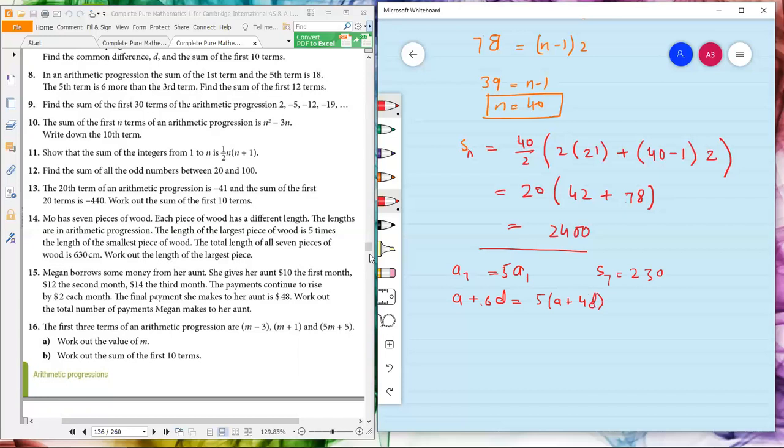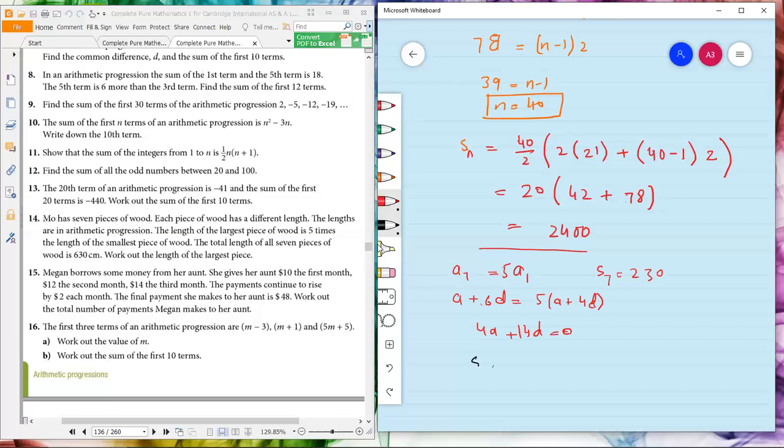Now by solving simultaneously, this would become 5A, 4A and 6, 5 fours are 20, and minus 6, plus 14D is equal to 0. Work out the length of the largest piece. We have to find the An value, the largest piece.